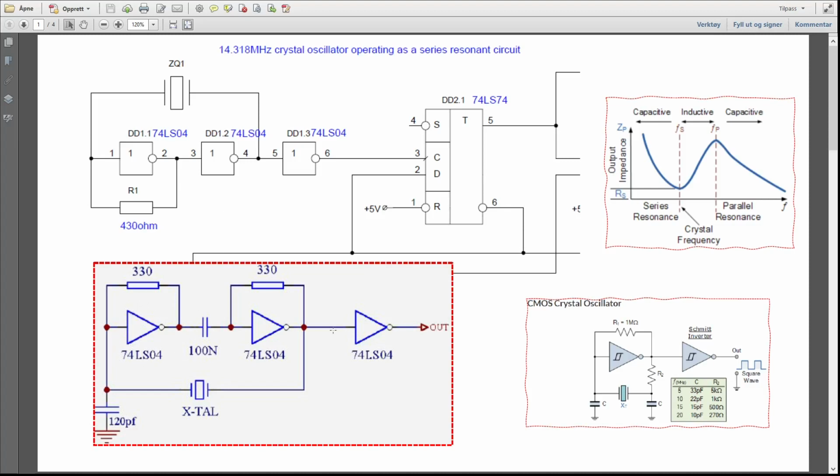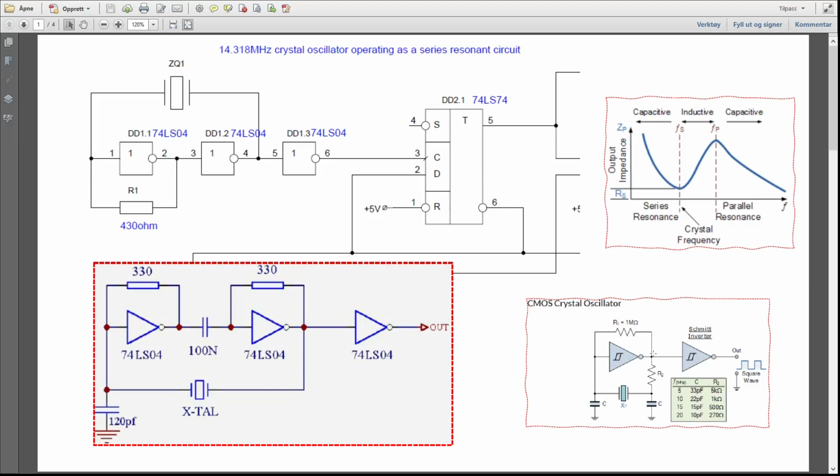Although this is not an ideal circuit, you will get a square wave out of this. What is problematic with this kind of circuit is that you will almost never get a perfect square wave with an even 50% duty cycle out of this.